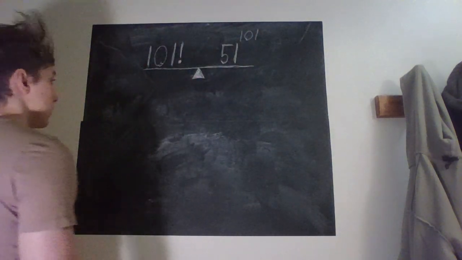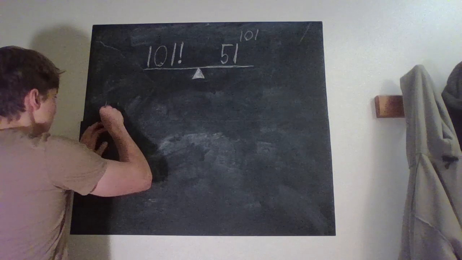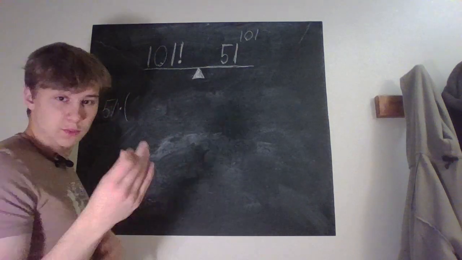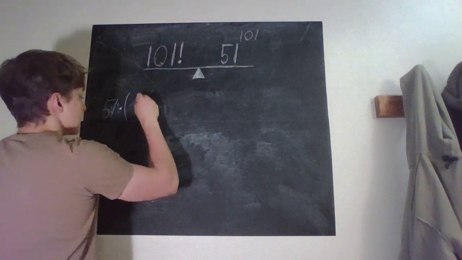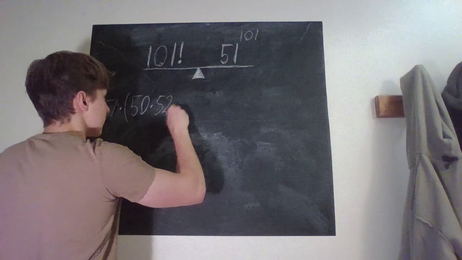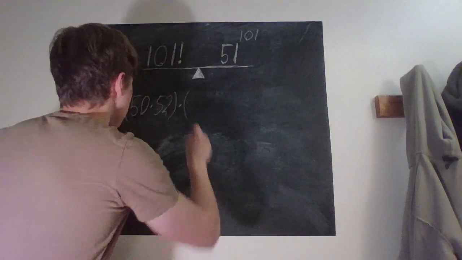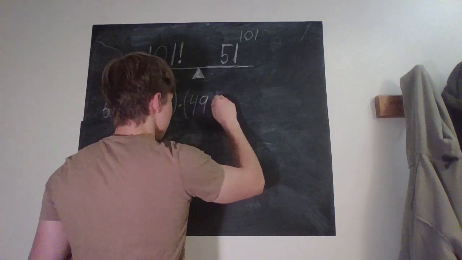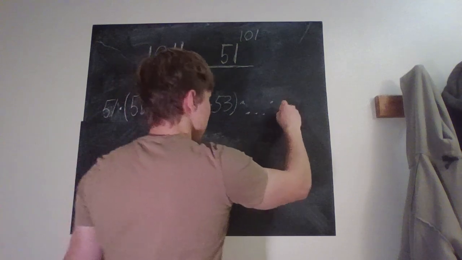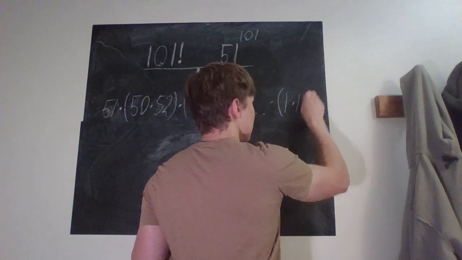So we see 101 factorial as 51 times, and I'll just use some parentheses here to be clear, obviously multiplication is associative so it doesn't matter, 50 times 52, and then as I said, we start in the middle and go outwards one step at a time, and then we get 49 times 53, and so on until we get the parentheses plus and minus 50, so that would be 1 times 100.